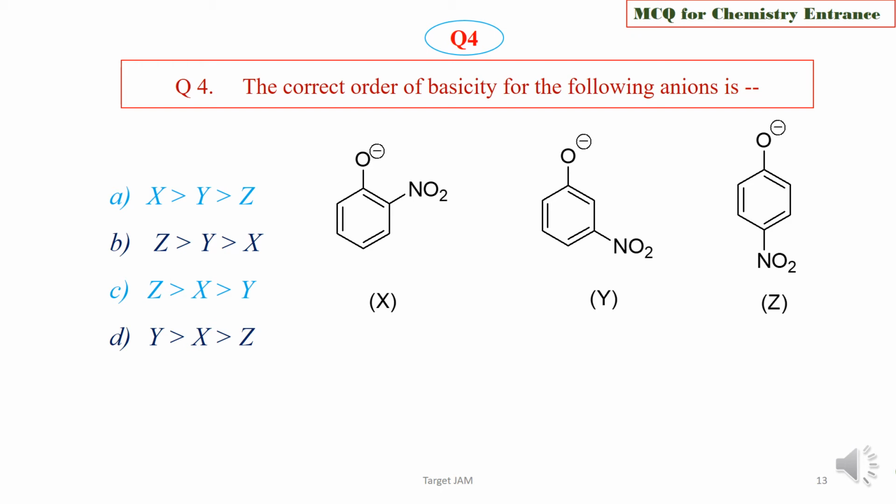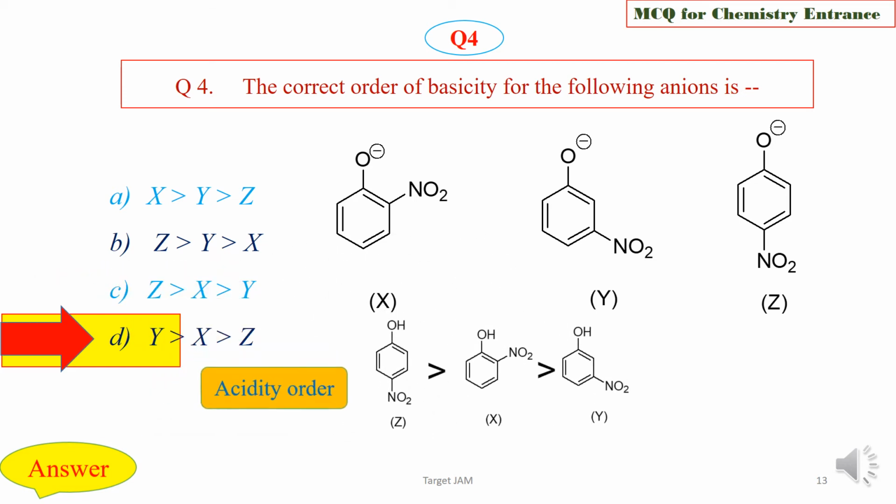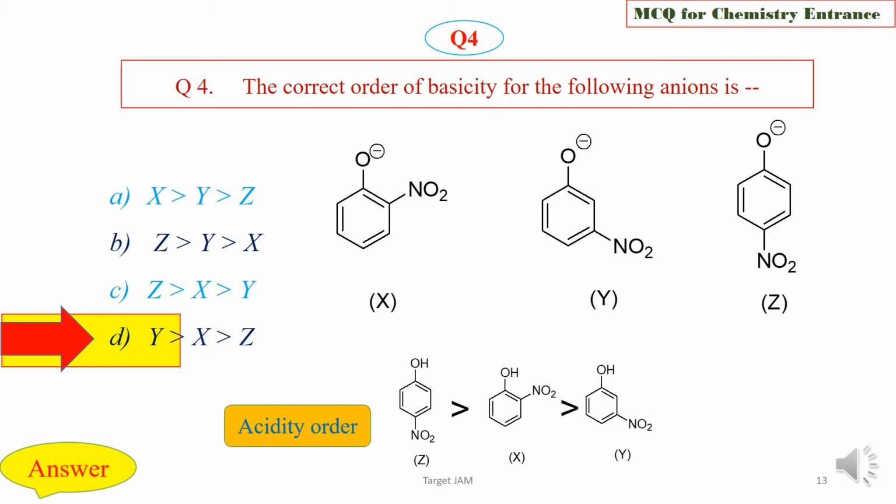We are now going to check the answer key. The right option is option D, that is Y greater than X greater than Z. And we know that among the acidity of the conjugate acids, Z is the strongest acid because it is para-nitrophenol, then ortho-nitrophenol, and then meta-nitrophenol.